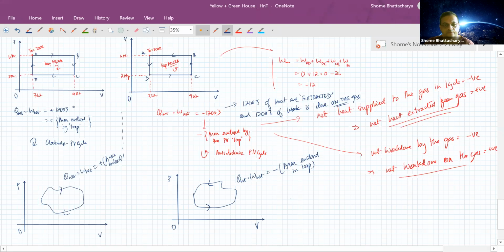Sir, there you have written as net heat supplied to the gas in one cycle. Right. Thank you.